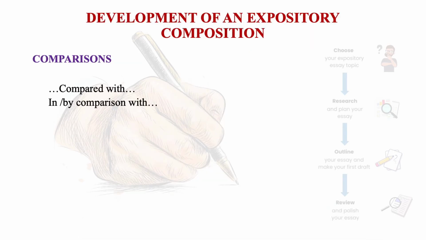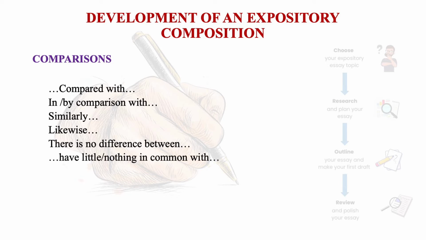You also make use of expressions such as in comparison with, or by comparison with, or similarly, or likewise, or there is no difference between A and B, or there is a little difference between A and B, or there's nothing common between A and B. So these are the expressions which are used to compare two things.